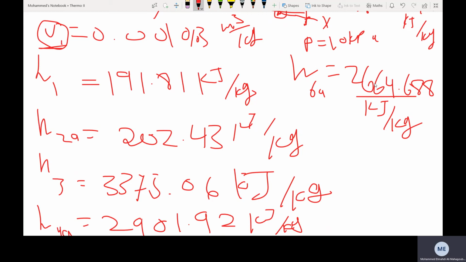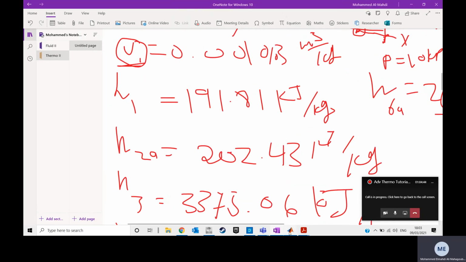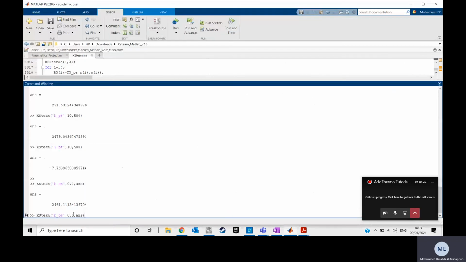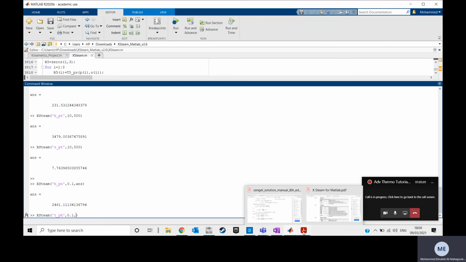When I look for the H there, which is 2664, it is between 50 degrees and 100 degrees. So let's check it using the code. Of course, you are going to do interpolation again. With the pressure and the enthalpy, please give me the temperature. So I tell it that the pressure is 0.01, and I give it not the isentropic enthalpy, but the actual enthalpy.